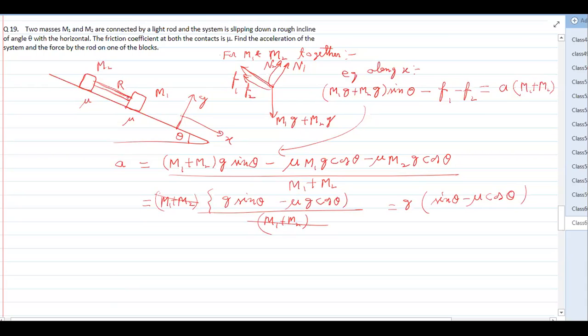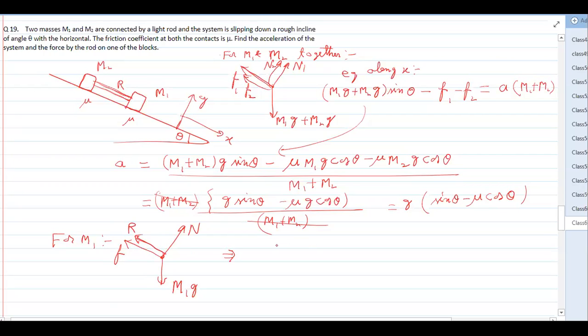Now we have to find the internal force between these two. For that we need to consider the separate objects. Suppose for object M1, what are the forces? This is M1g, this is the normal, then there is friction, and then the reaction force. Suppose we consider the reaction force like this. We do not know in which direction it will act, whether it will pull the object or push the object, so we take an arbitrary direction.